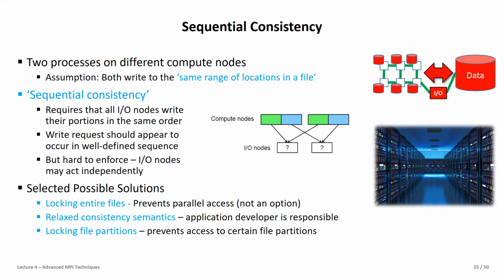Then there are different intermediate options where you have relaxed consistency semantics, so that you as a developer are much more responsible. If you're writing to a file, you can maybe check this when you read the file again and see that it has all been perfectly stored. Or you have certain file partitions, which is again a kind of medium idea to the problem.